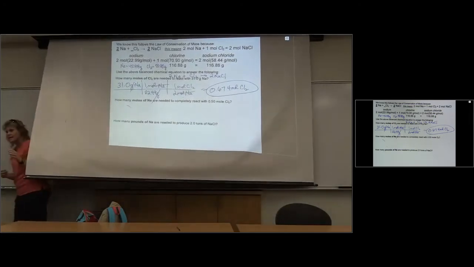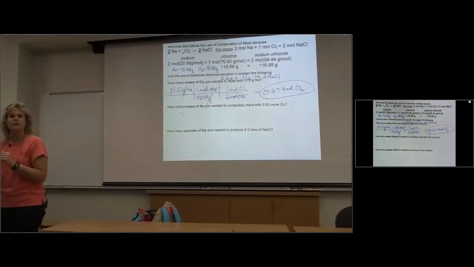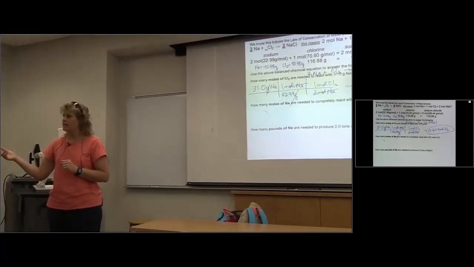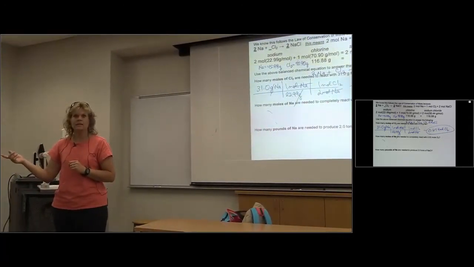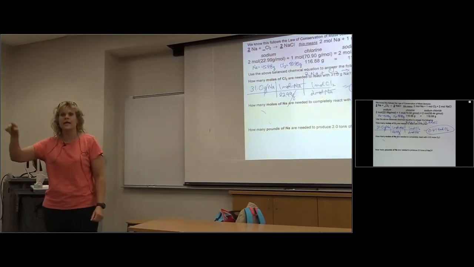Whoever said that is exactly what I'm talking about. 2 feet equals, does that make sense? So if you had seen 4 legs back there, you would have said 4 legs equals 2 people. Does that make sense? That's how you can use that mole to mole ratio.